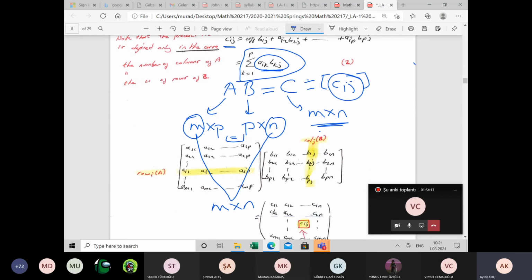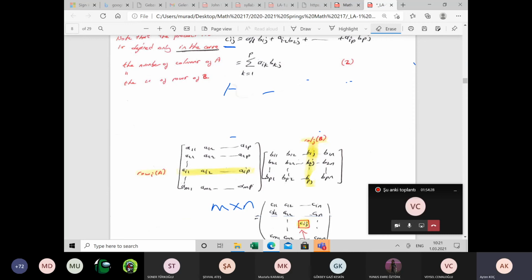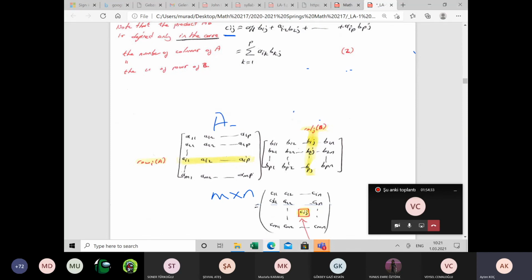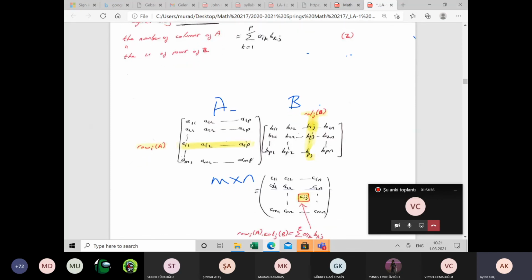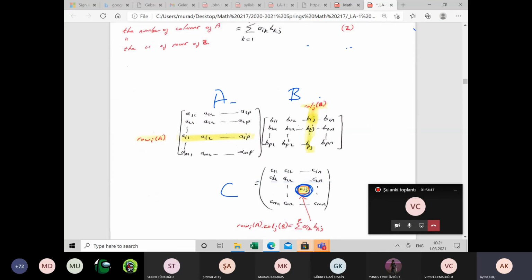Let's write A and B here. Our aim is to determine the matrix C. First, let's find the Cij entry, an arbitrary entry.